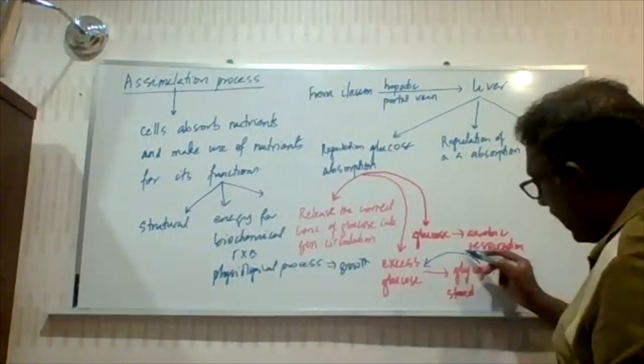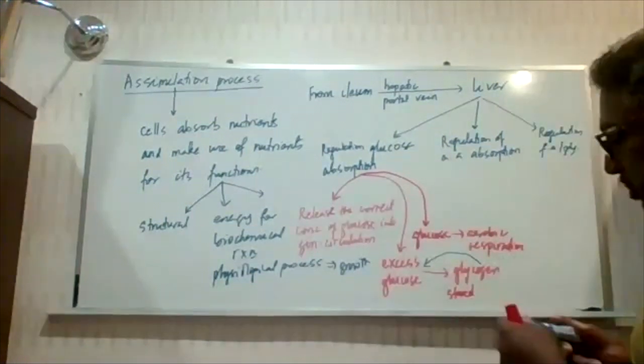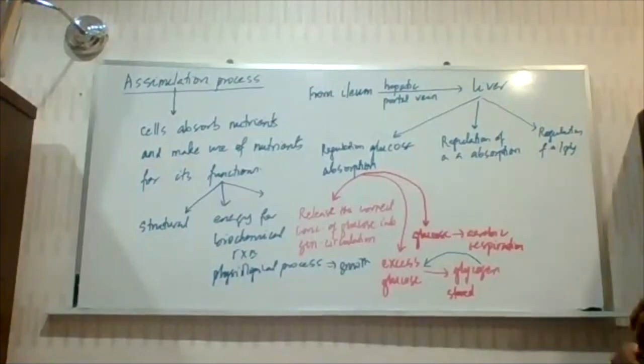So the conversion of glycogen to glucose occurs when the glucose level in the blood drops below the normal level of 90 milligrams to 110 milligrams per 100 centimeter cube of blood. That is as far as regulation of glucose that is absorbed.